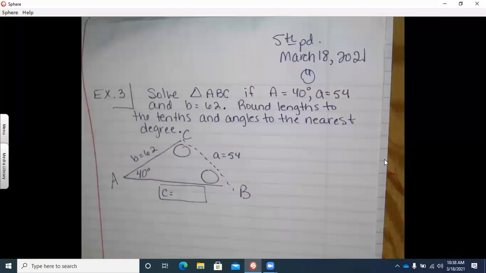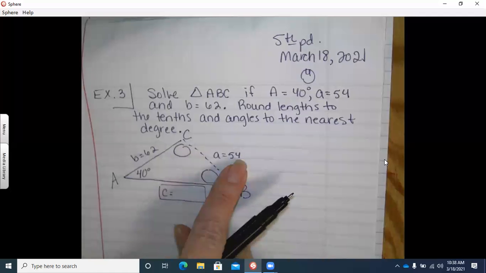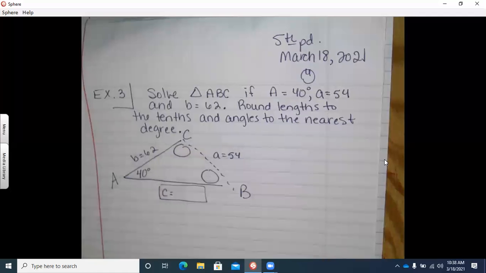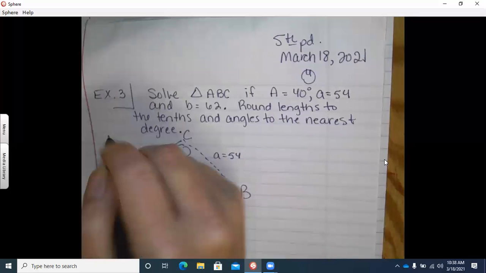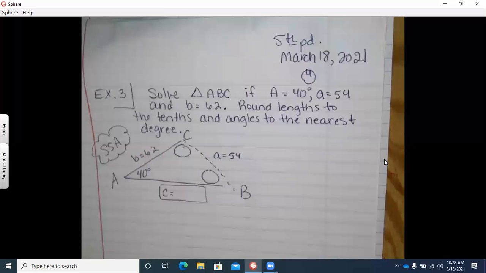Okay, so we have a side side angle triangle, correct? We know two sides and an angle that's not included. If the C was 40 degrees, that would be a side angle side. That's different. But if the angle's not included, then we have a side side angle. These could be ambiguous, okay? So we need to check and see, do we have a triangle? Is it a right triangle? Is it two triangles? Is it no triangle?